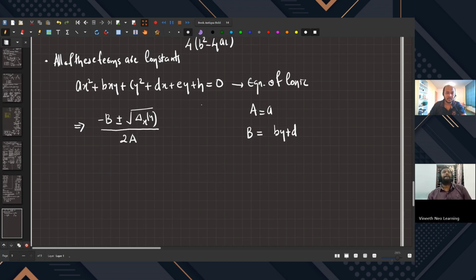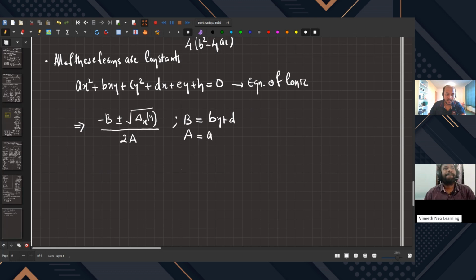Okay. So our equation for the conic was ax squared plus bxy plus cy squared plus dx plus ey plus h equal to 0. Writing this in terms of the powers of x, we found that we can write it as ax squared plus (by plus d)x plus (cy squared plus ey plus h) equal to 0.